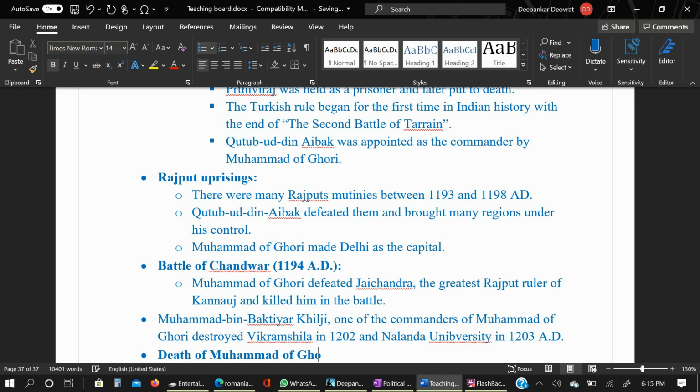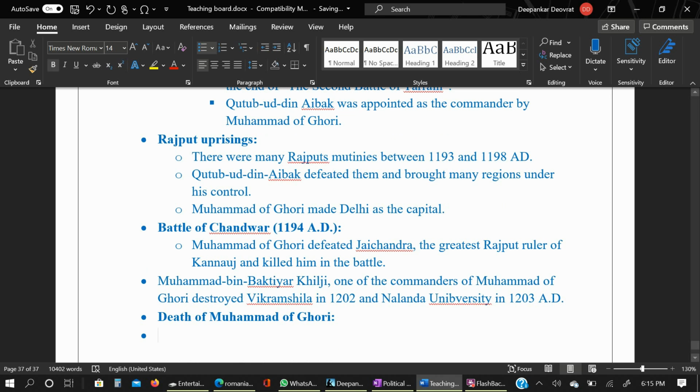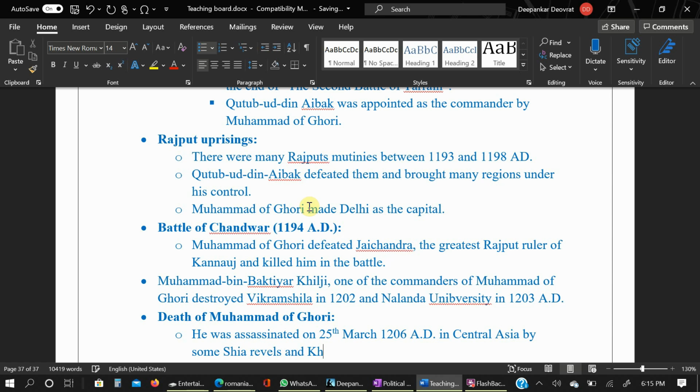And so ultimately the death of Muhammad of Ghori: he was assassinated on 25th March 1206 AD in Central Asia by some Shia rebels, Shia Muslims and Khokhars.